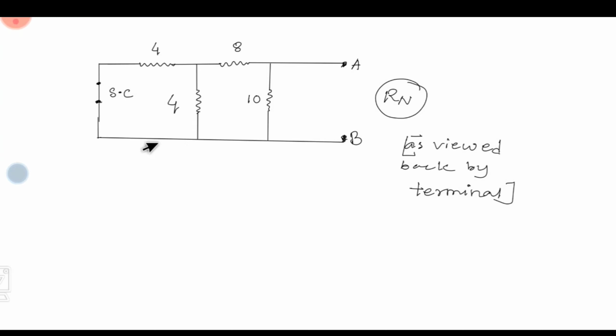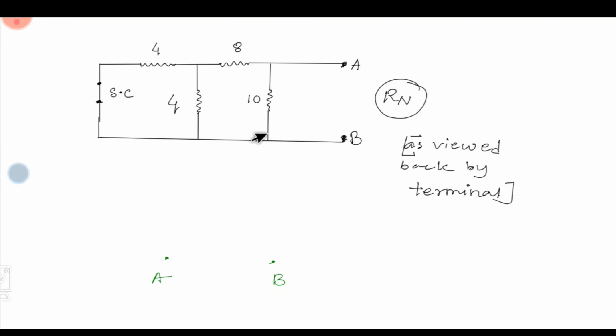Now we will find Rn, that means the Norton's equivalent resistance. First of all we will consider these two terminals, A and B, and this 10 ohm resistance is connected in this way.